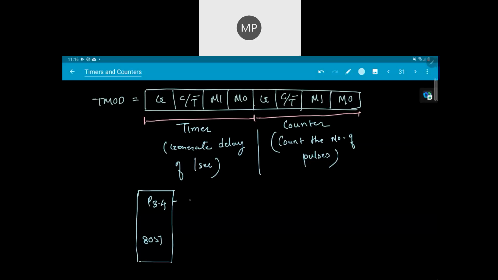Let's consider we are applying this particular wave at this pin, and since this is the T0 pin, that is pin 3.4, we'll be using timer or counter 0, that is C/T bar C/T, but 0 C/T0, that means timer or counter 0 as a counter and timer 1 as a timer, right? Why are we doing this?